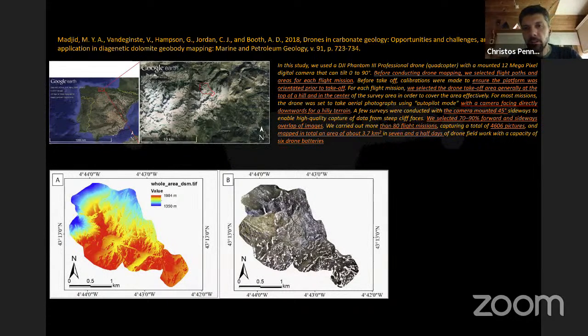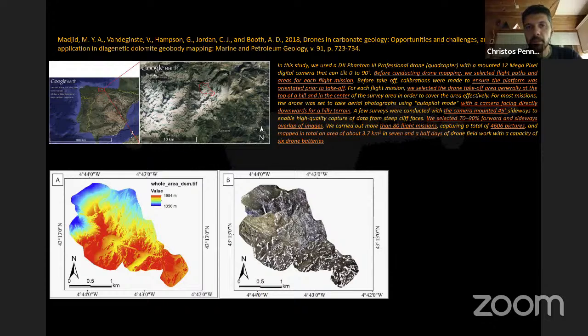They present some characteristics of the drone, like a 12 megapixel digital camera mounted that they could tilt from 0 to 90 degrees. So this is important. Before conducting the drone mapping, they selected the flight paths and the areas for the flight mission, as we said before. It is very crucial to determine all these parameters before one goes into the field.